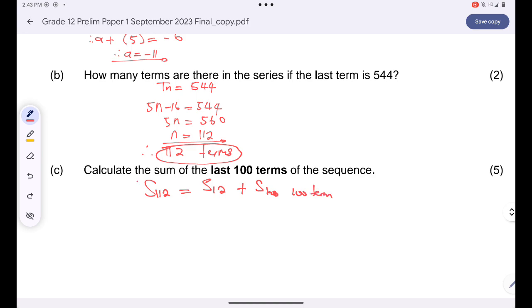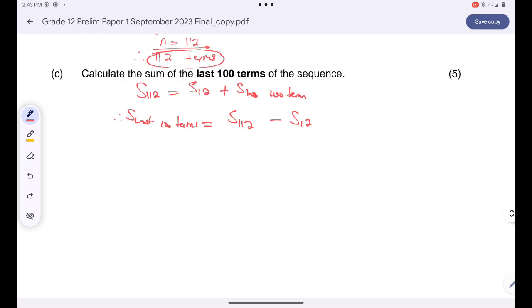The total sum is divided into the sum of the 12 terms as well as the sum of the last 100 terms. But I want to find the sum of the last 100 terms, so therefore the sum of the last 100 terms is basically equal to the sum of the first 112 terms minus the sum of the first 12 terms. All I have to do, guys, is to just substitute.